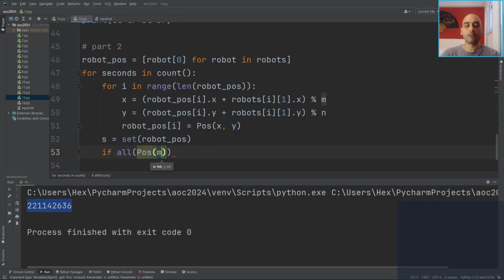So we want m over 2, the middle, y for y in, so this in S for y in range n. So we want the middle column to be covered. I assume that's at least a basic property that the Christmas tree should have. It's not going to have a gap under it or above it. It could, but I don't think so.